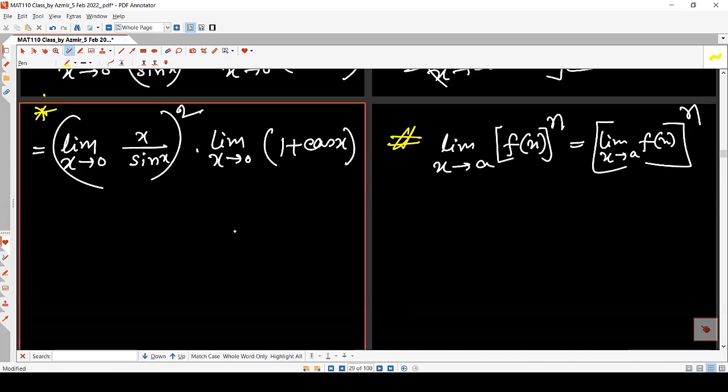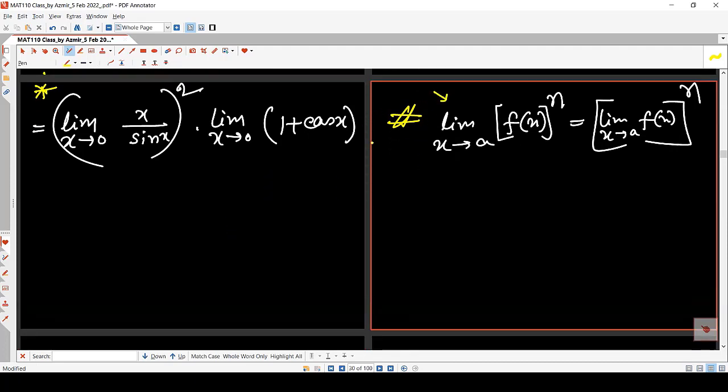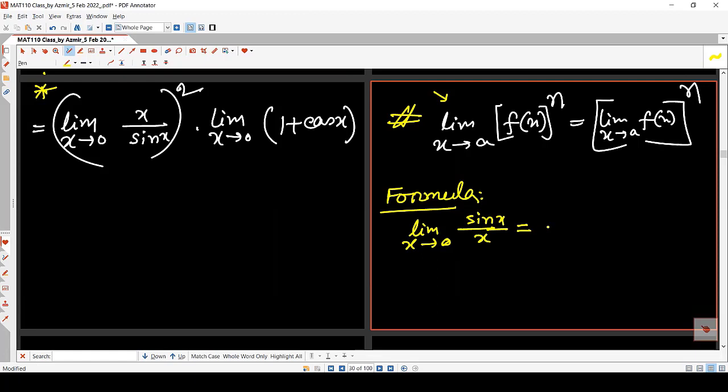You can understand that we have applied this power rule. At the same time, we need to remember a formula: limit x tends to 0, sine x divided by x, is 1.